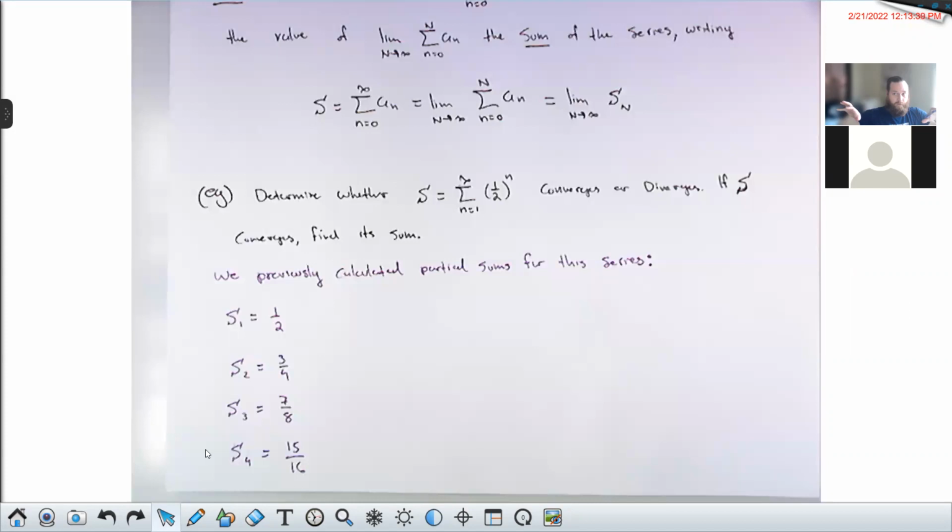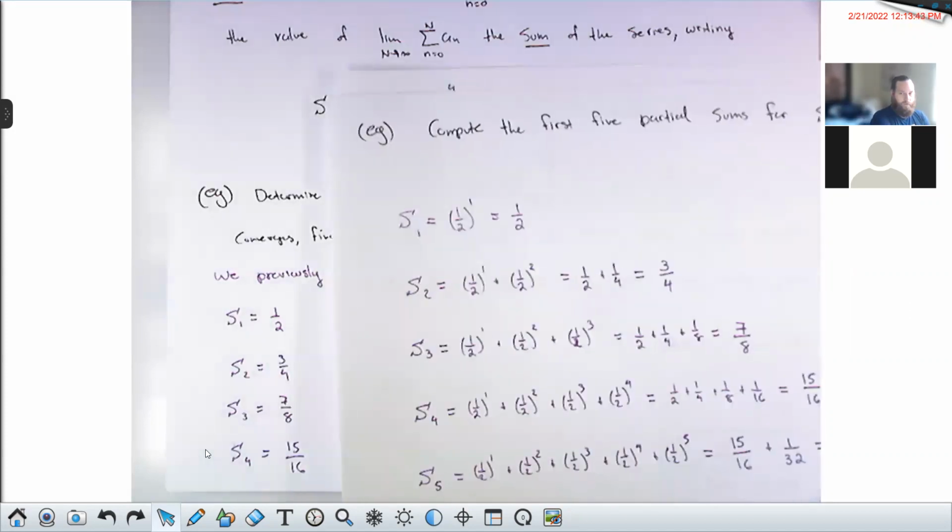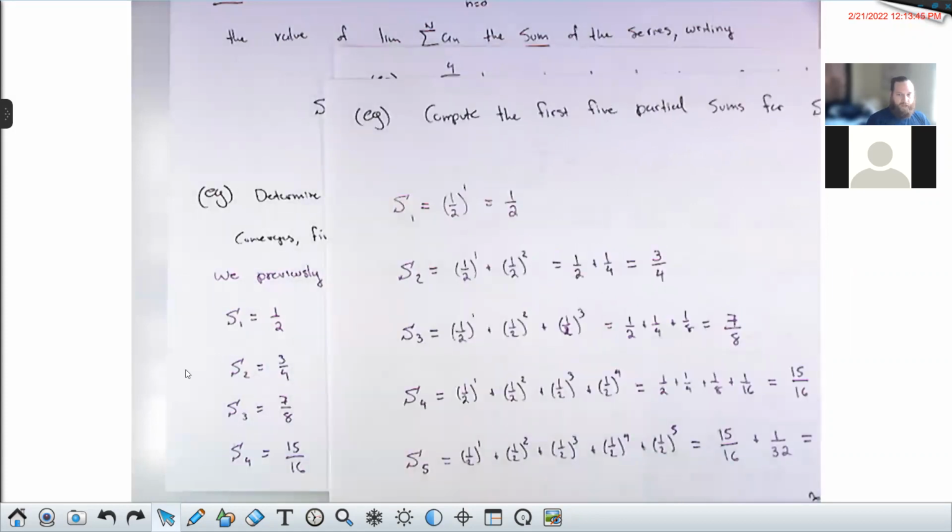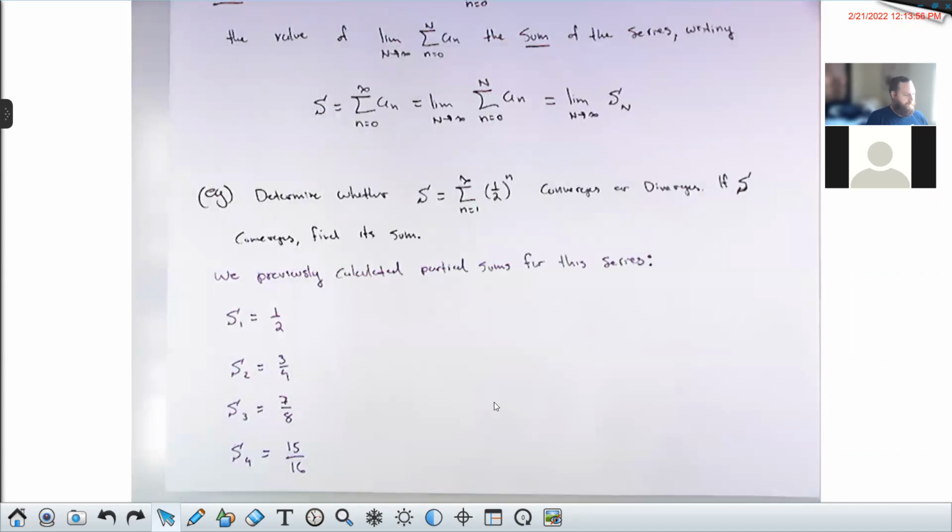They're not the same thing. Remember when we did the computation, the SNs were what we got by adding up the first few ANs. S2 was not 1/2 squared, it was 1/2 to the 1 plus 1/2 squared, and so on. So what I would really like here is a formula for Sn, because then I can just take the limit.